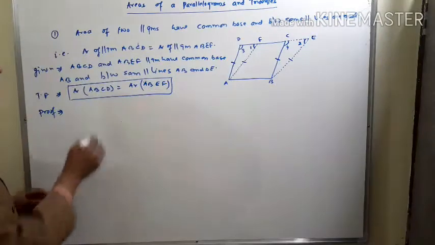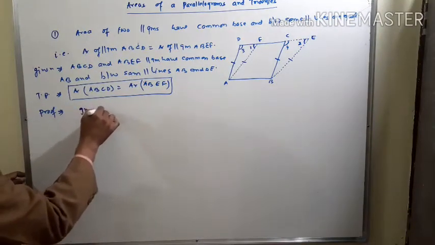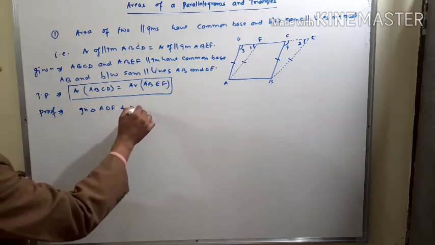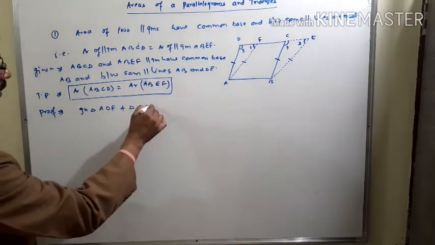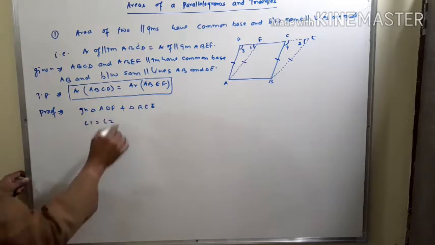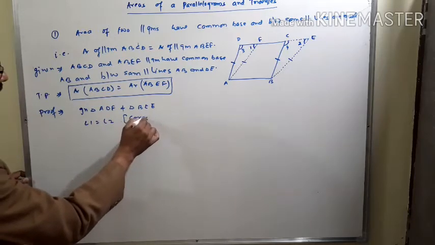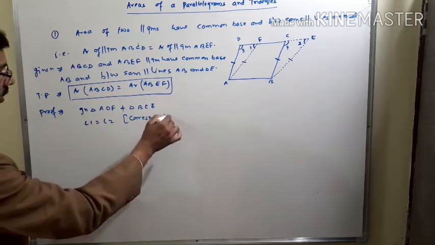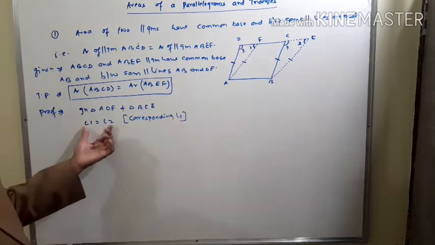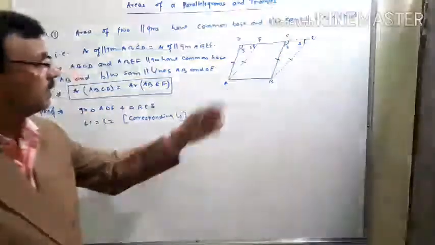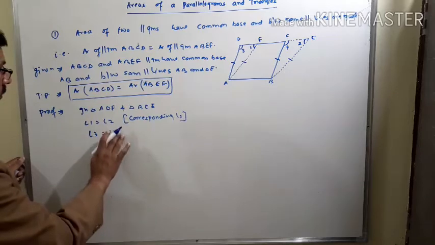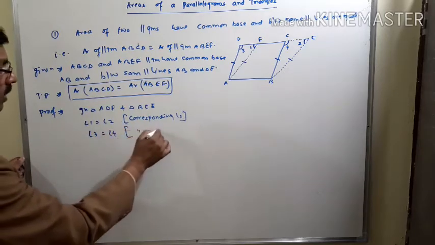Now write here, in triangle ADF and triangle BCE, angle 1 equals angle 2, corresponding angles. How the two angles are corresponding I have already discussed. And angle 3 equals angle 4, this is also a corresponding angle.